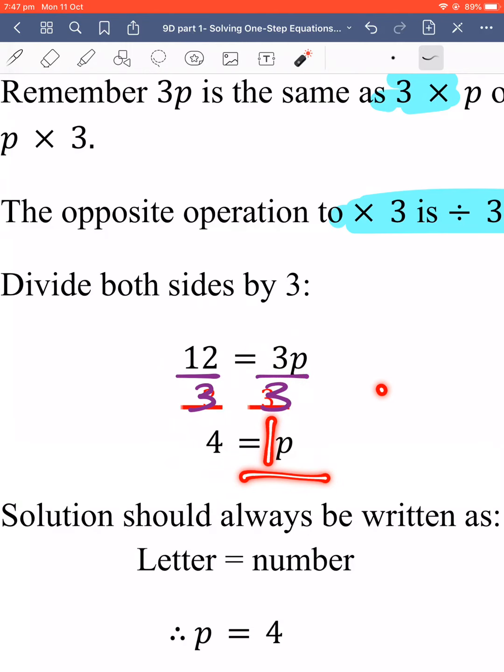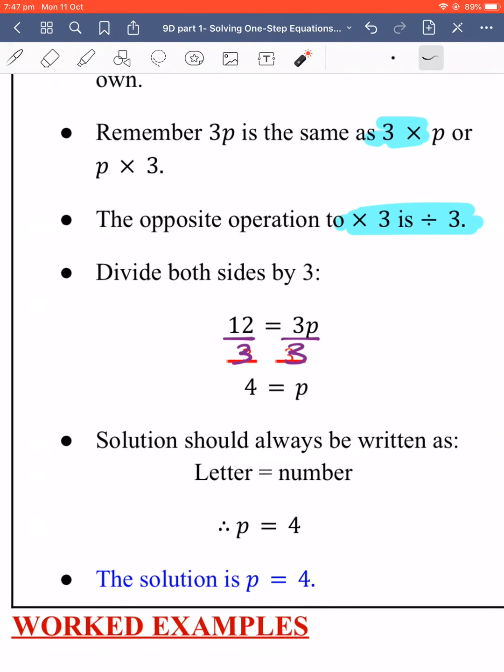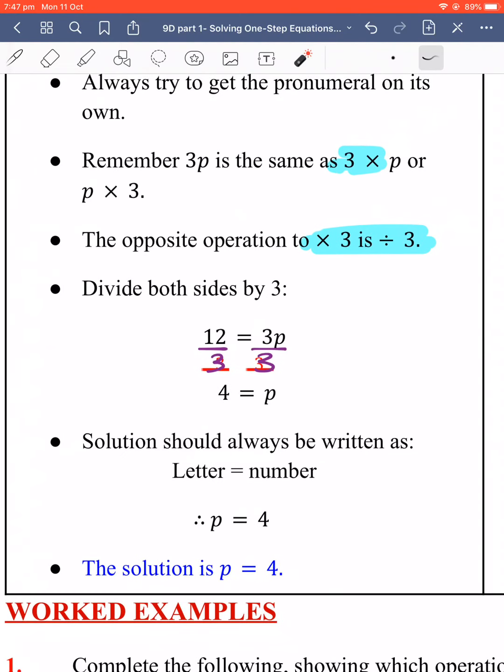So 1p we just write as p. We have now found a solution, and we want to always write our solution as a letter equals a certain number. So we would write our solution out as our pronumeral equals a certain number. So our solution is p equals 4.